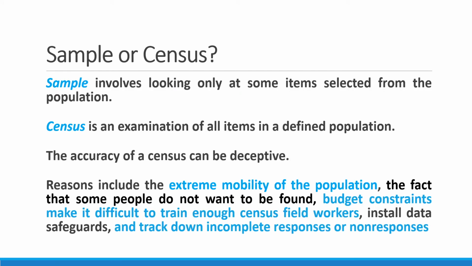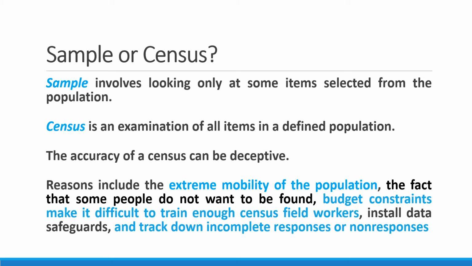Sometimes it's better to use census rather than sample. But what is a census? Sample involves looking only at some items selected from the population. As we have just mentioned, a sample includes a small portion, a fraction of the whole population.